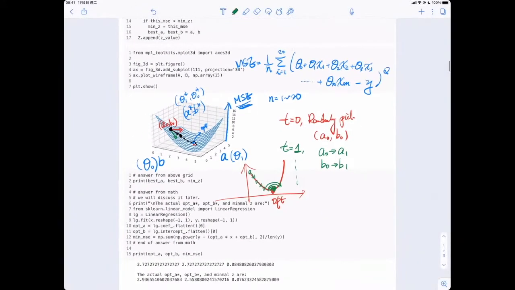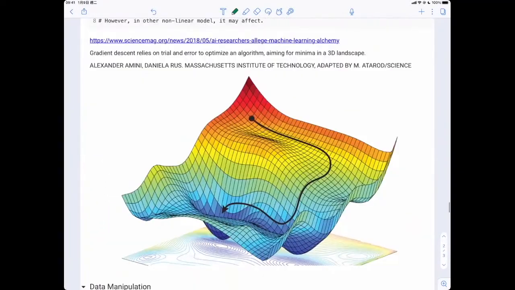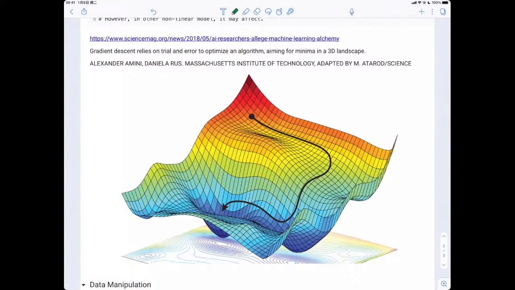Before I continue, I'd like to show a very beautiful graph. It's right here. This approach is what we call gradient descent. Here's the reference. This graph was selected as one of the most beautiful science graphs in 2018. It describes a very complex surface. Why is this surface much more complex than what I showed you before? Because it has multiple variables, x1, x2, x3, xn.